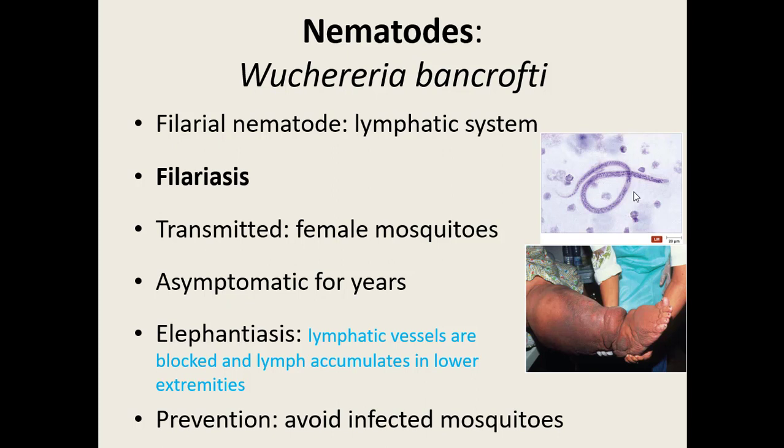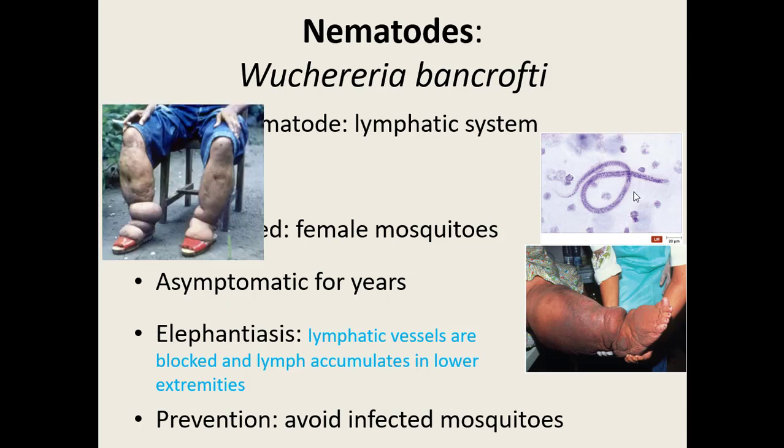The vessels become blocked, and lymph accumulates in your lower extremities. The tissue starts to harden, and you end up with these really large engorgements of lymph in the lower tissues. You can Google elephantiasis, and it's always in the lower extremities. It's gravity. It's where lymph is going to go, and it's going to hang out down there.